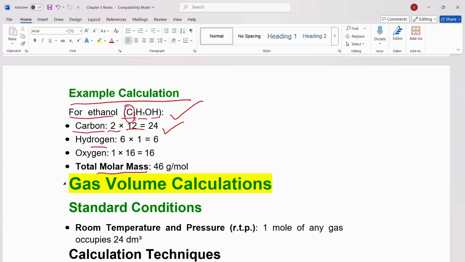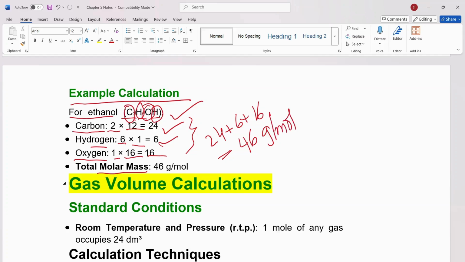Then hydrogen, 5 here and 1 here, so 6. 6 times 1, 1 is the atomic mass of hydrogen. 6 times 1 is 6. Then oxygen, I can see only one here, so 1 atom times the atomic mass 16. So 1 times 16 gives you 16. Now you add all three of them, 24 plus 6 plus 16, and you will get the molar mass, which is 46, and the unit, very important to write, gram per mole.